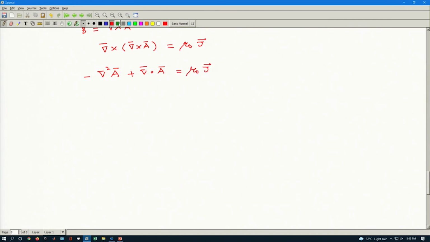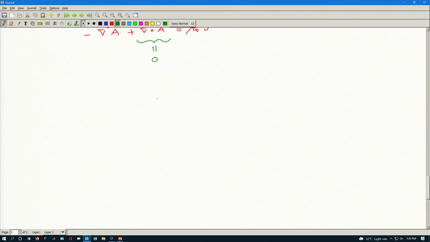Now, exploiting the Coulomb gauge, you can have the divergence equal to 0, right, that we discussed last time. So, eventually the expression becomes a vector Poisson equation. This part also we did in the last class, say, let us put the plus sign.